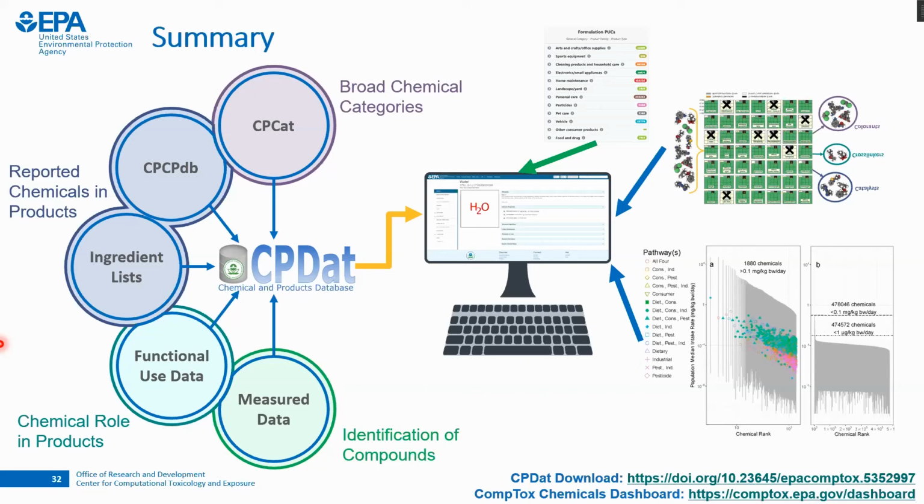In CPDat, we make that available through the dashboard, but then we also use that information to add metadata to them to tell you what types of formulations or products they may be in, what types of functional uses we could predict with them, and what types of exposures you could estimate based on consensus models. So below you'll see again the dashboard link, but then this is also the CPDat download.